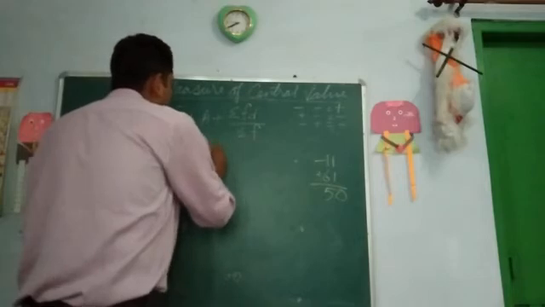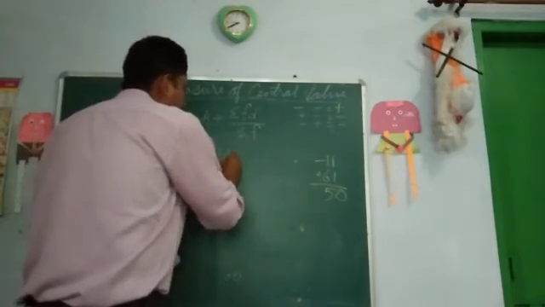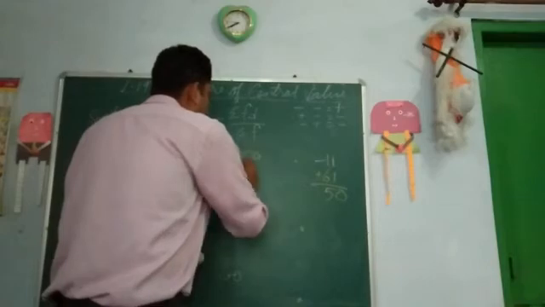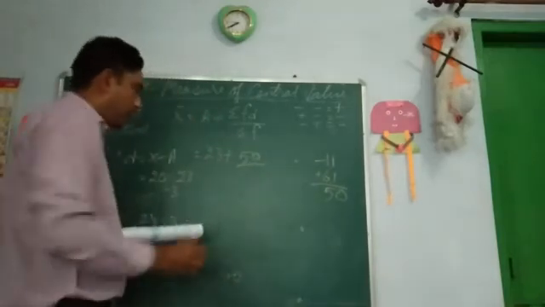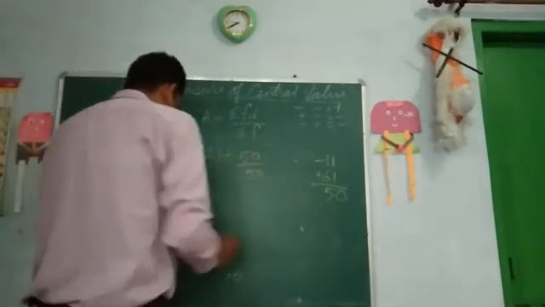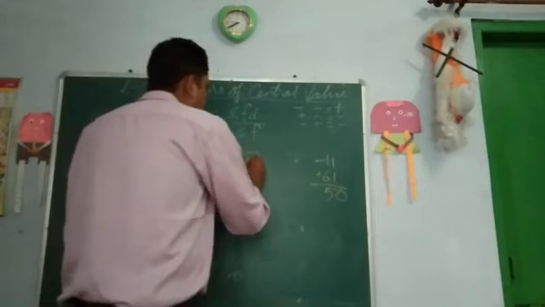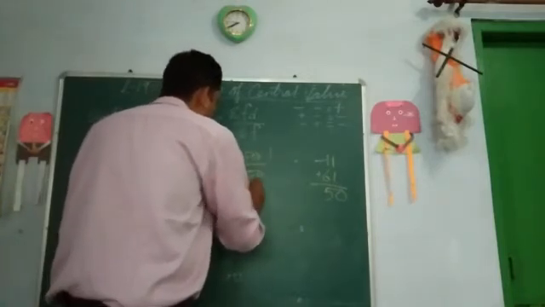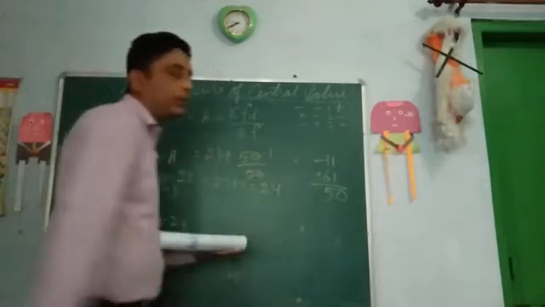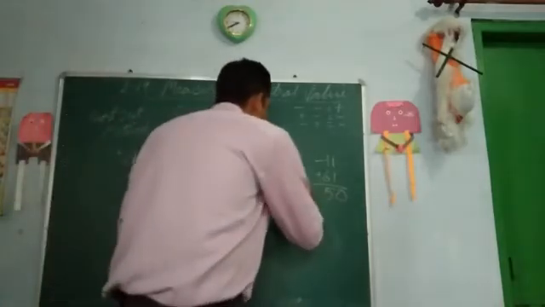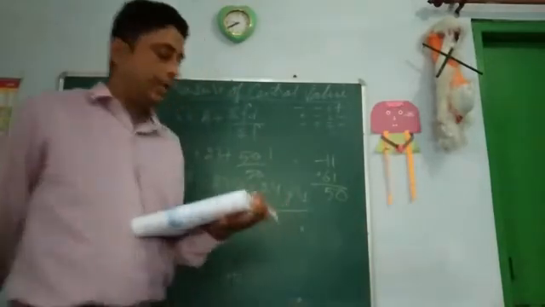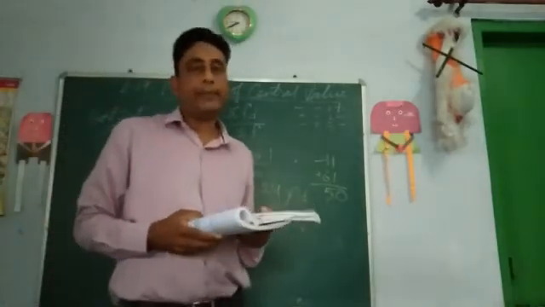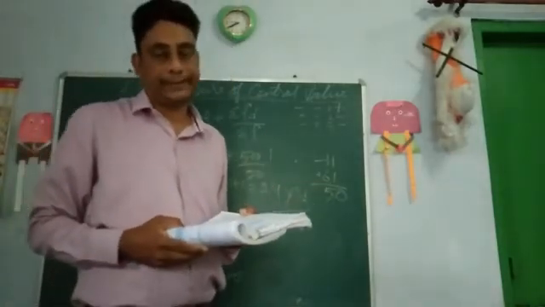A we have taken as 23, plus sum of FD, 50, divided by sum of f, which is 50. So 50 divided by 50 is 1. So it will be 23 plus 1 is equal to 24 years of age. So we have seen here that the mean age at marriage is 24 years.